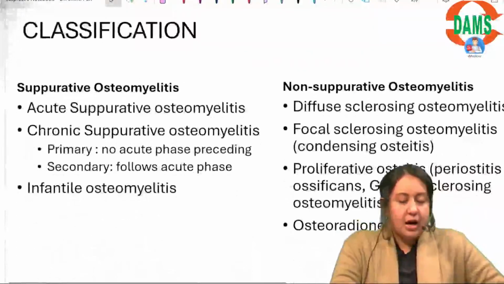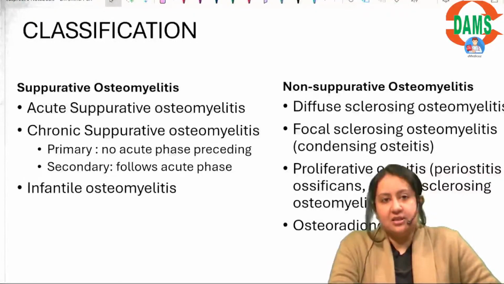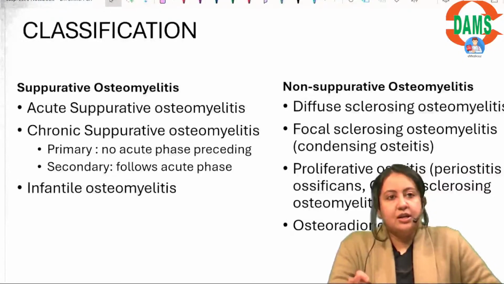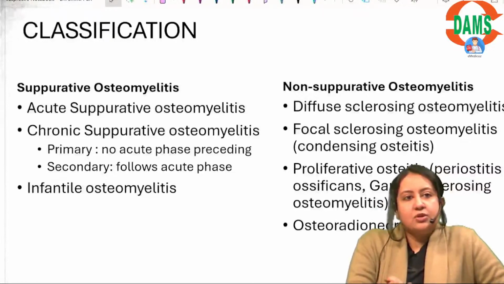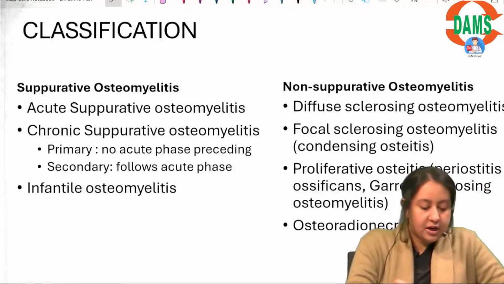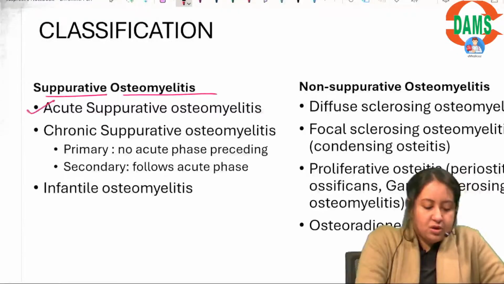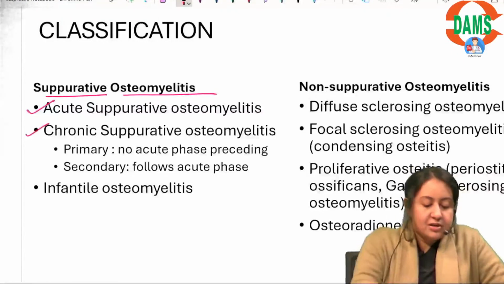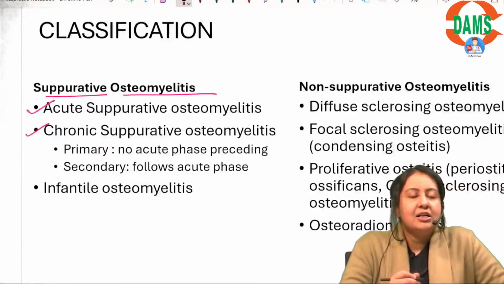Now coming to the classification, there are various classifications, but I am giving you the simplest one that you need to remember. It can be broadly divided into suppurative osteomyelitis and non-suppurative osteomyelitis. Under suppurative osteomyelitis we have acute suppurative osteomyelitis, and chronic suppurative osteomyelitis, which is further divided into primary and secondary.